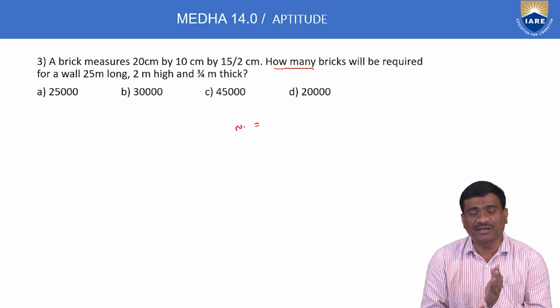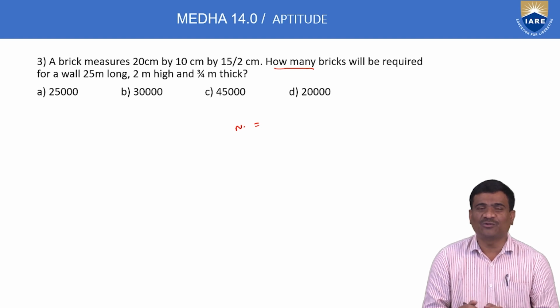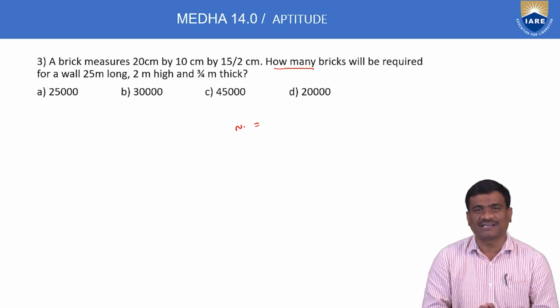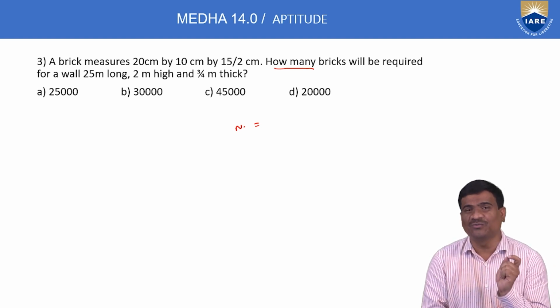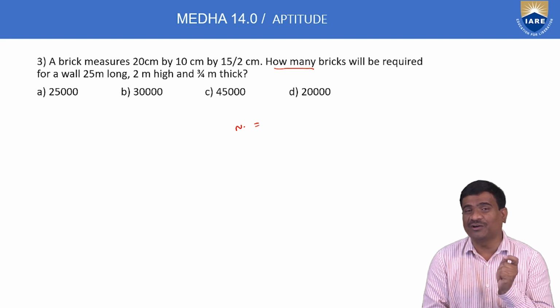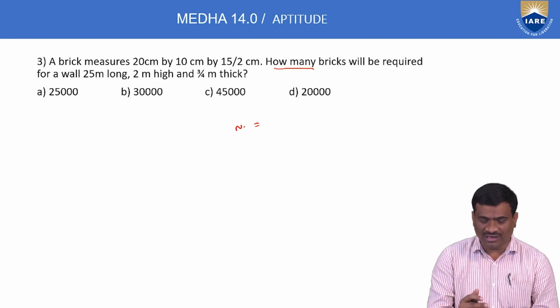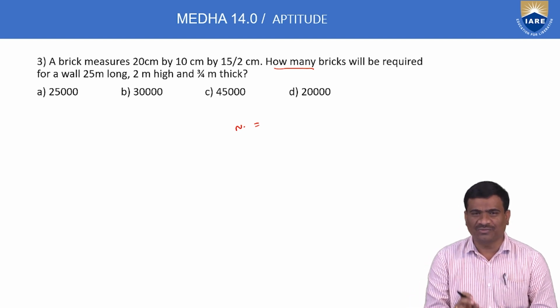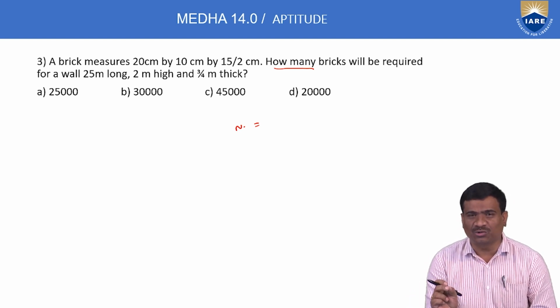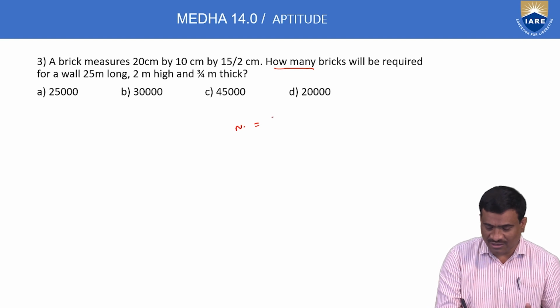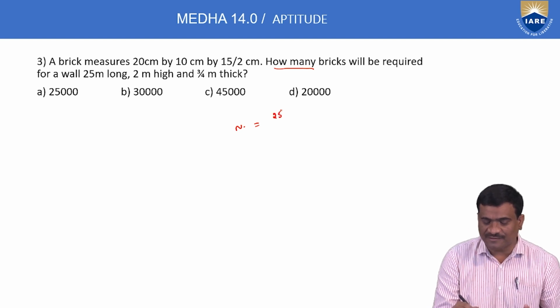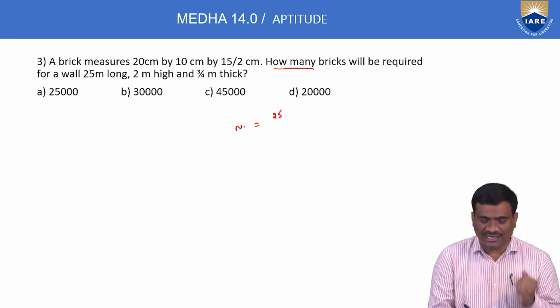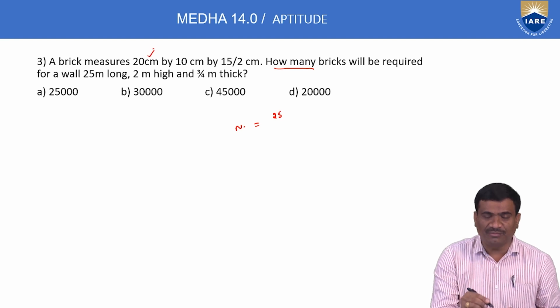Therefore, number of bricks is equal to total volume divided by 1 brick volume. Here, total volume indicates wall volume, length into breadth into height. Length 25 meters.